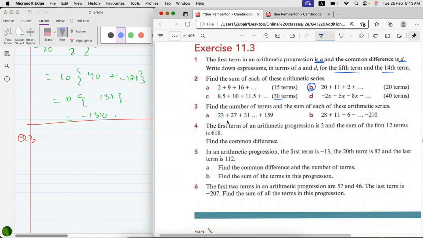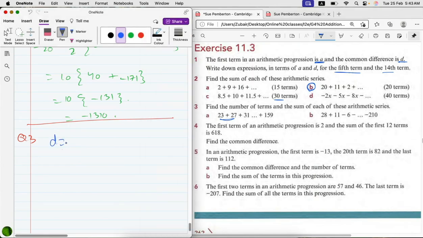Looking at the first two terms, the difference is 27 minus 23, that is 4. So the term number is a plus n minus 1 into d. The last term is 159. This is again simple substitution. The first term is 23, n is unknown, the difference is 4. Now we can figure out the number.